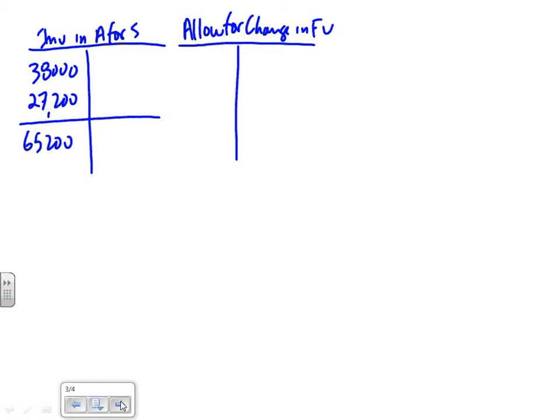And remember, we're going to calculate that unrealized holding gain or loss in the same way: fair market value minus net carrying value. The fair market value, remember, was $65,900 minus the carrying value of $65,200, because the balance in that allowance for change in fair value is 0. And so we get a gain of $700.